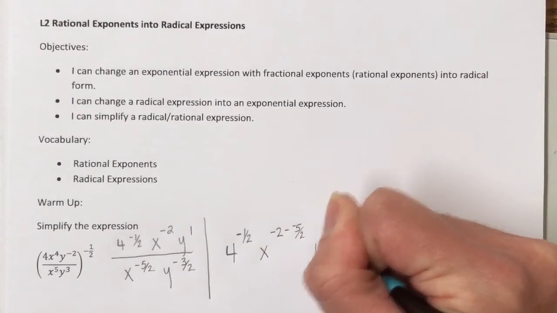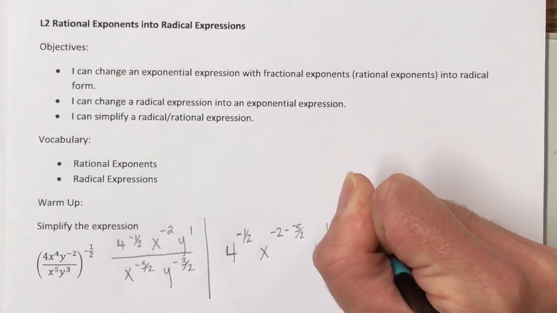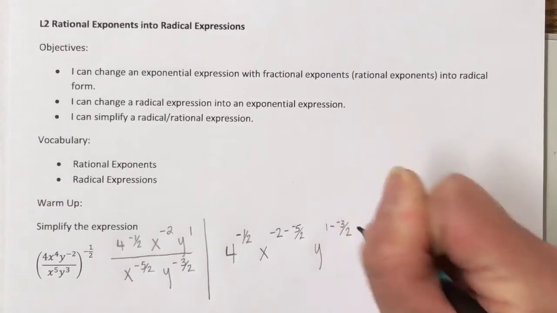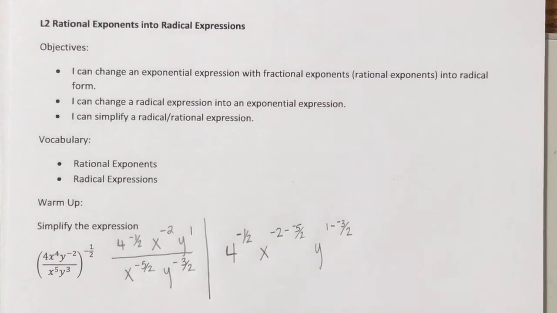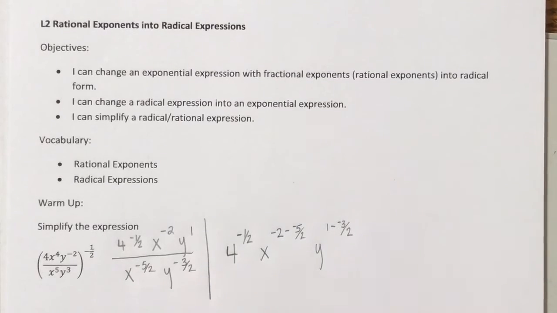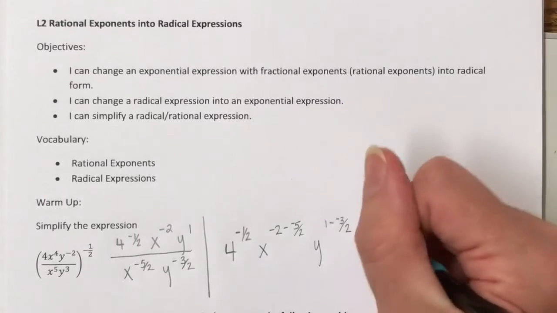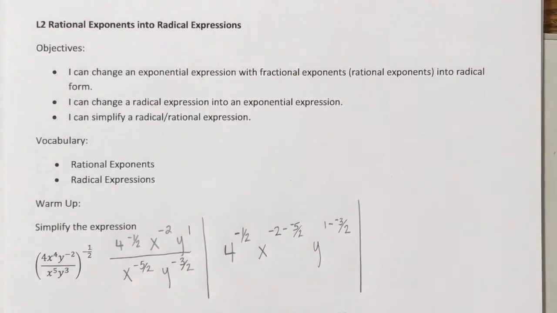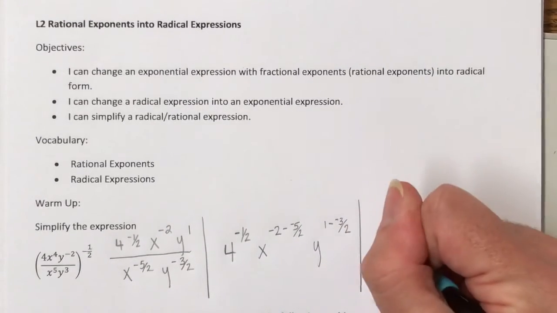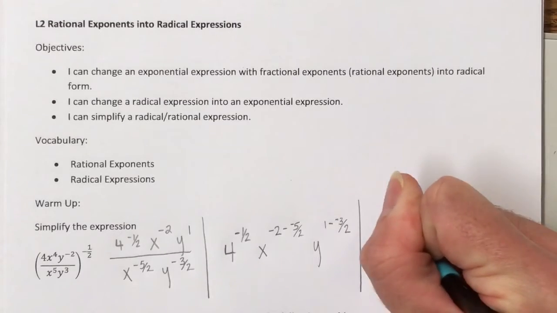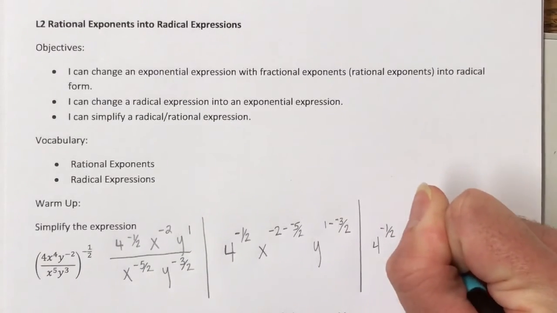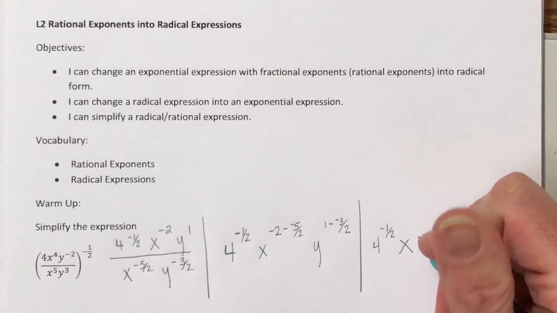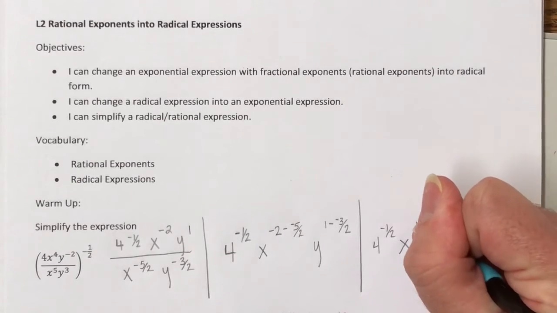And then y to the 1 minus negative 3/2. Okay, so at this point, use your calculator if you need to. I'm going to come back to the 4 to the negative 1/2 in just a second. And my x is now going to become x to the 1/2.